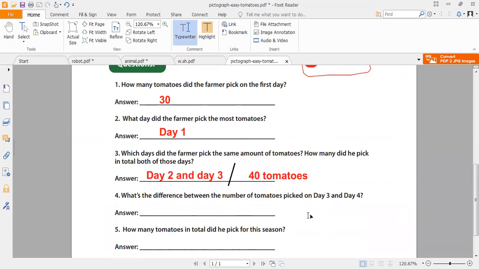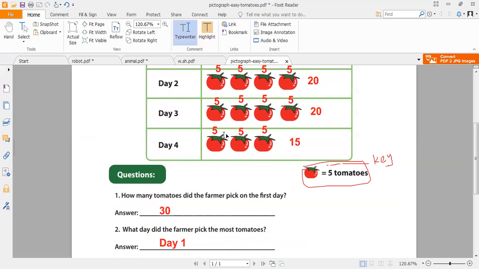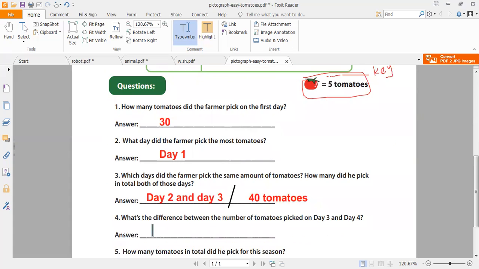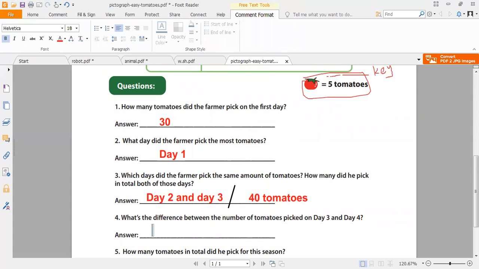I want the difference between day 3 and day 4. He picked in day 3 20, and he picked in day 4 15. So if you want to write the subtraction sentence, always start with the biggest number, 20 minus 15. We know that 20 minus 15, you can start with 15 and count until you get 20. 20 minus 15 equals 5 tomatoes.